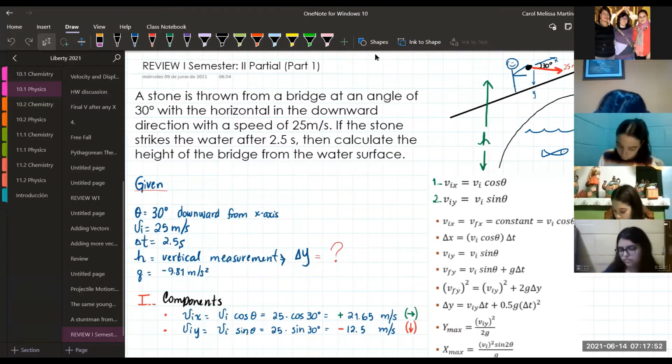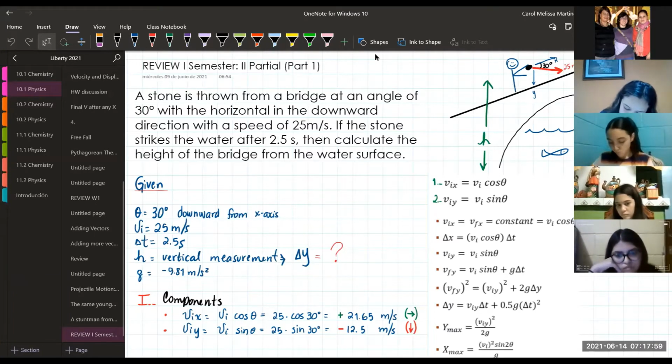Then we're going to see what we have and what we need to get the delta y. Okay, so I'm looking for delta y, so I'm going to look for an equation that works to find delta y. What equation works best to find delta y?